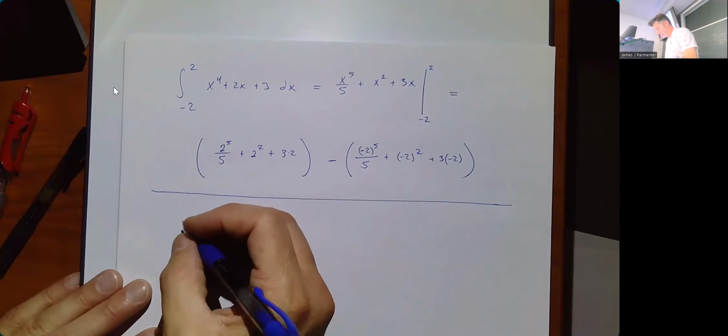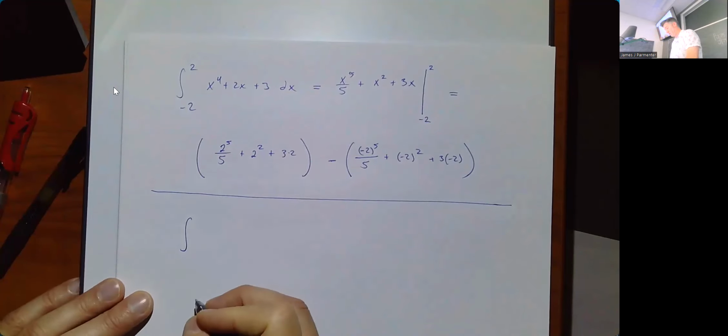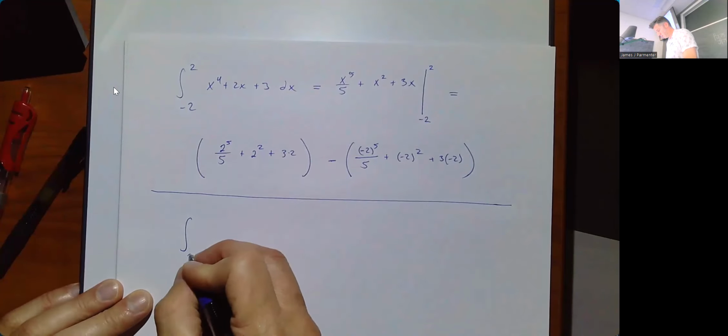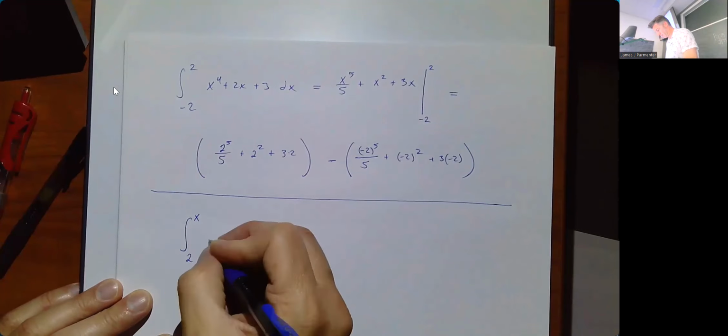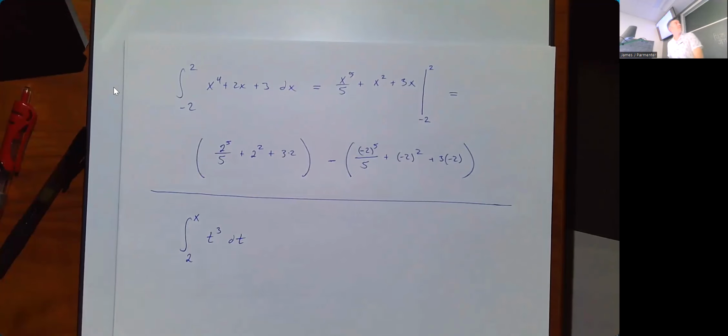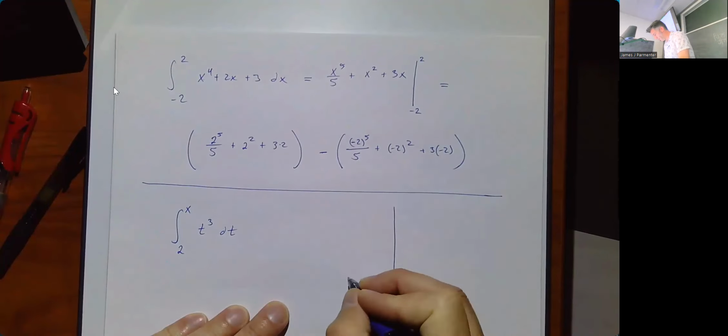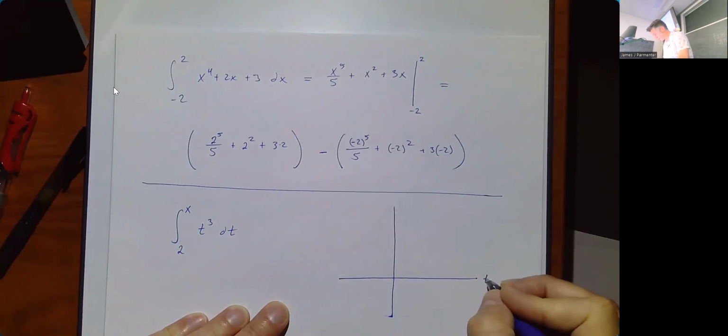So let's say I want to find the integral from 2 to x of t cubed dt. I want to find the area under the curve. I've always picked this curve that I'm never good at drawing.